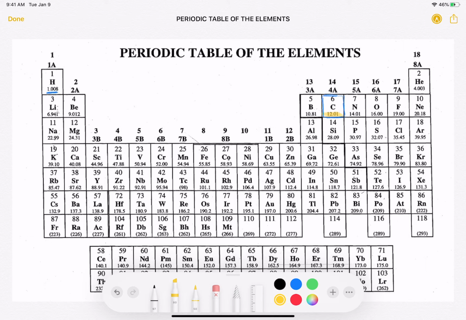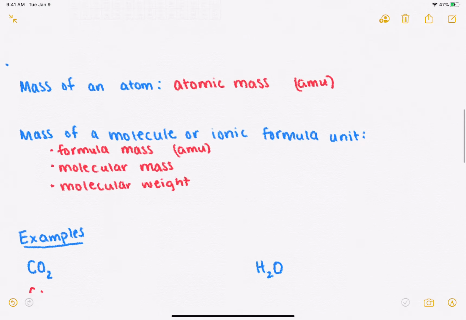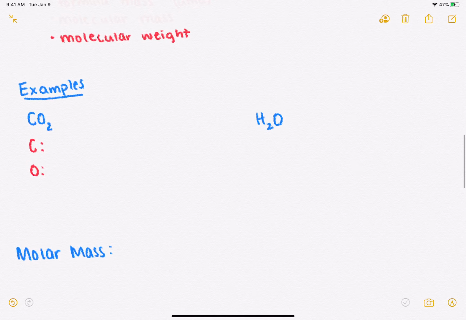And while we're over here, let's look at oxygen as well. Oxygen is 16.00. So we can go back to our problem. Carbon has an atomic mass of 12.01, and there is one carbon atom in this molecule. So 12.01 times 1 is 12.01.